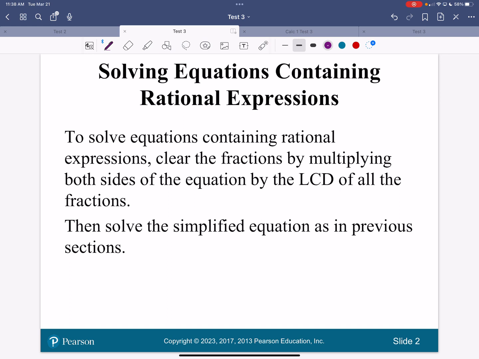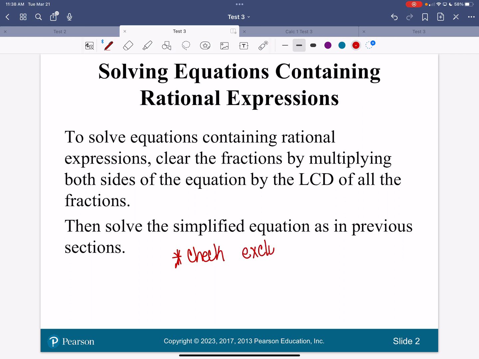There is an important part that we've got to think about when we're solving equations with rational expressions, and that is our excluded values. That is going to play a key role. We have to check our excluded values.